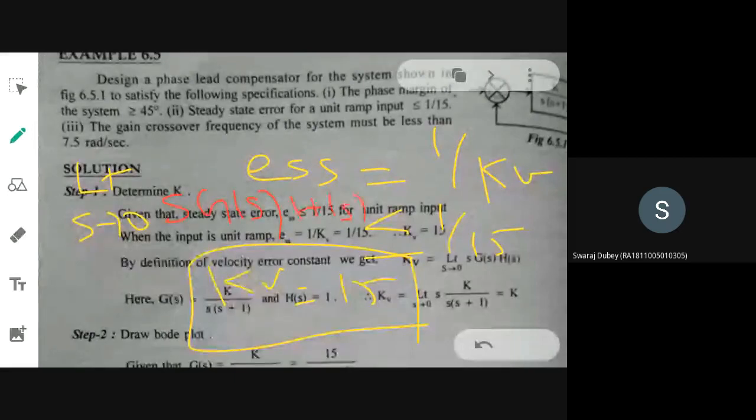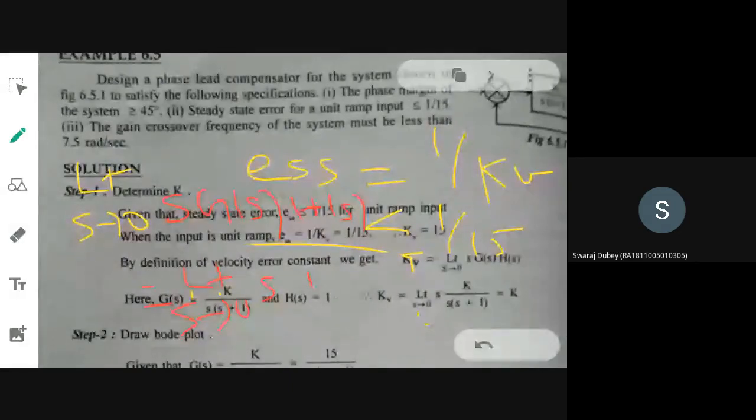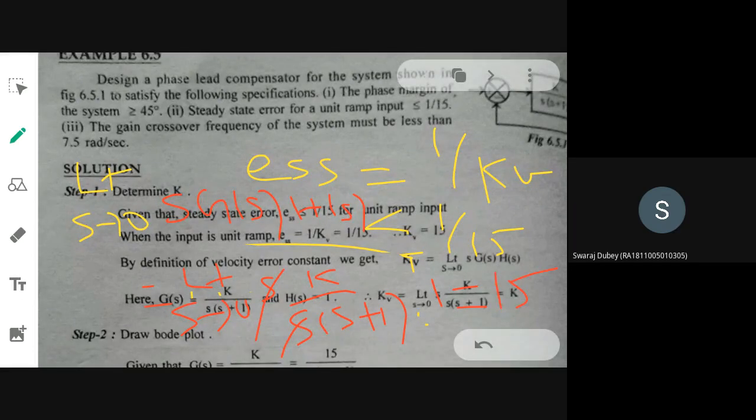If you substitute that, limit s tending to 0, s into G of s is 10 divided by s into s plus 1, H of s is 1. So s will get cancelled, and that is equivalent to 15. So what is K finally? If you apply the limit s tending to 0, K will be equal to Kv, which is 15.